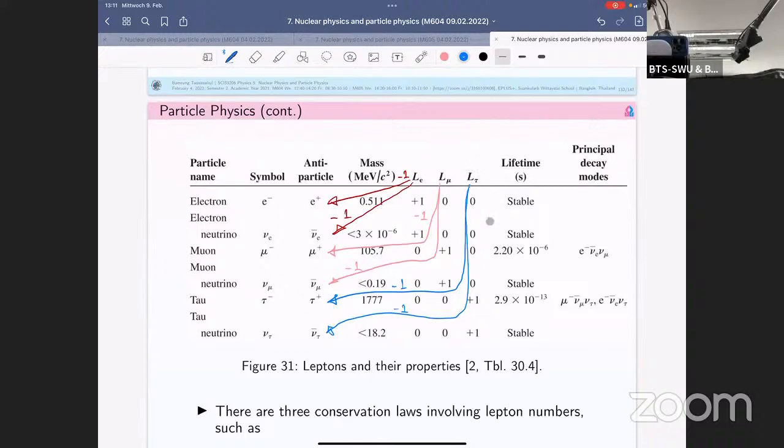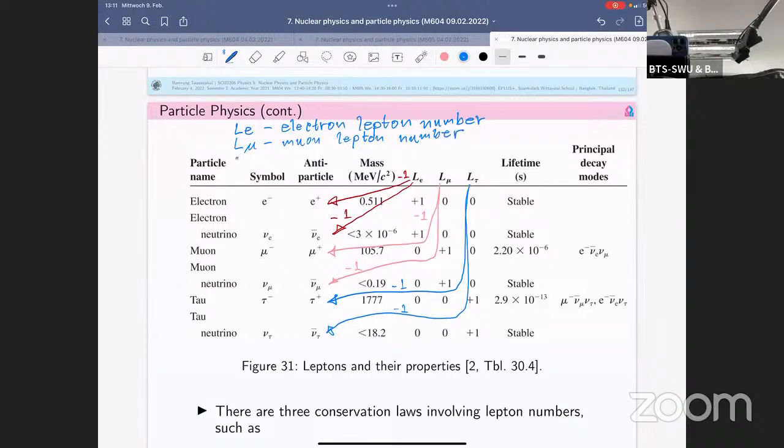Okay, let me summarize again. Le is electron lepton number. Okay, and L mu is muon lepton number.